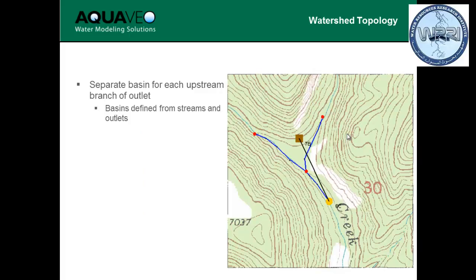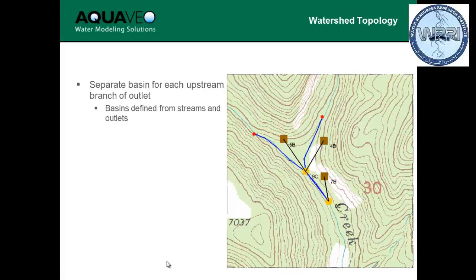One of the rules that WMS uses is that WMS creates a separate outlet for each upstream branch. What that means is if I create an outlet here at this location, then WMS will create two subbasins because I have two streams coming out of that outlet.